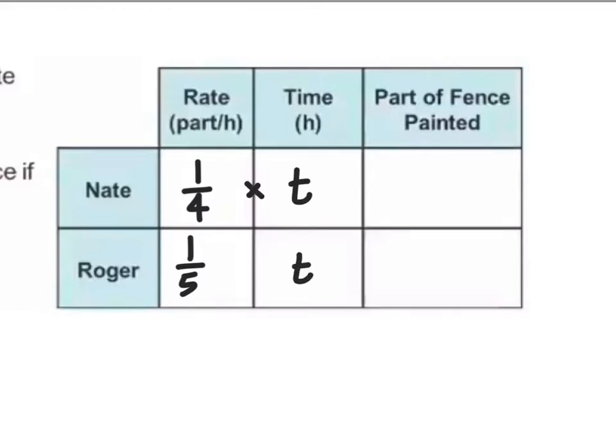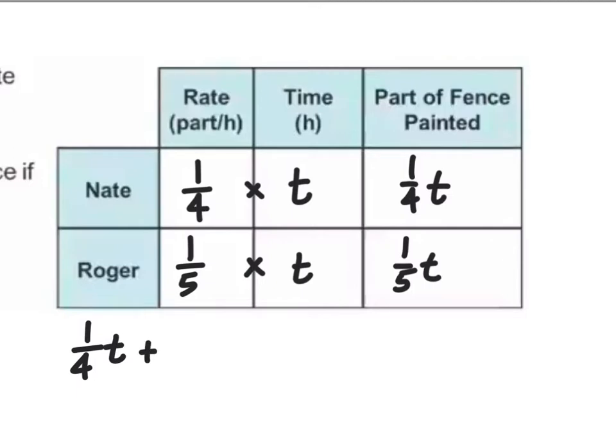And I'm going to multiply the rate and the time together to get the total amount of fence that's been painted. So in this column, I get 1/4 t, and in this column, I get 1/5 t. So now we want to set up an equation and solve for t. What I'm going to do is write 1/4 t plus 1/5 t.